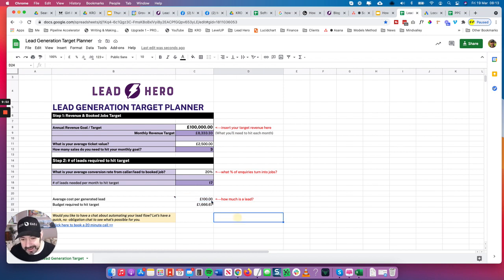But anyway, imagine your cost, for argument's sake, is £100. Okay, then you would want to spend £1,667. Okay, that's your advertising budget. Now, depending on who's running your ads, they'll have different fees.